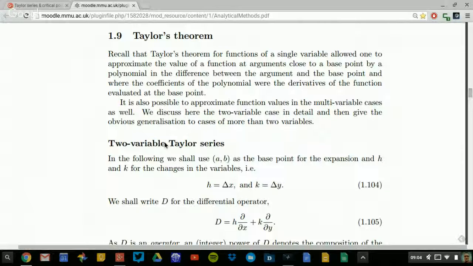The coefficients of the polynomial, or the power series if you like, came from the derivatives of the function evaluated at the base point. So just to remind you of that setup for functions of a single variable, because it's quite similar.